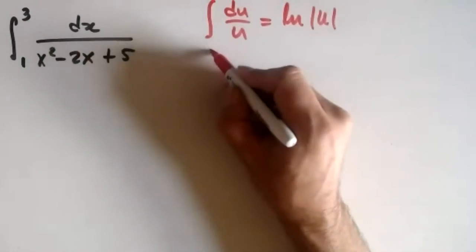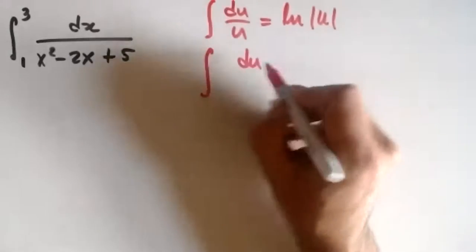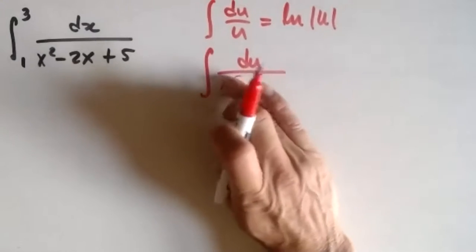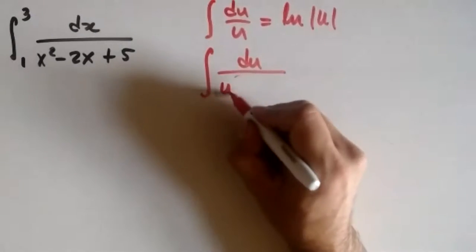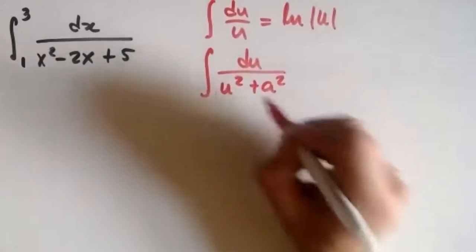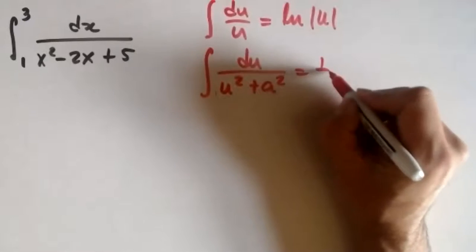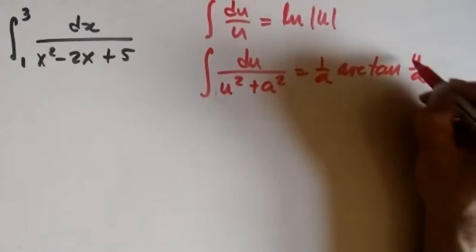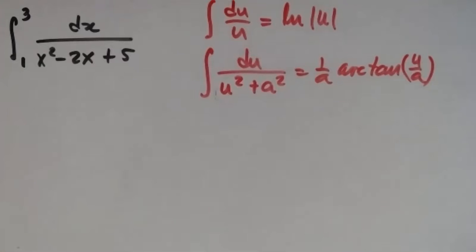And the other one is the integral of du over a squared plus or minus u squared equals 1 over a, the arctangent of u over a. Correct? So those are my two possible formulas.